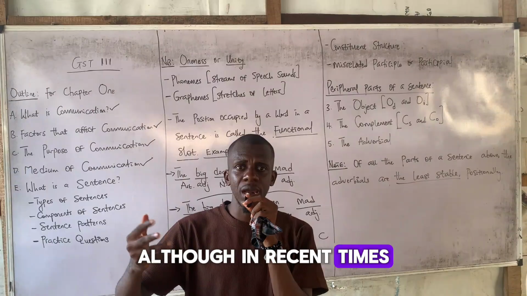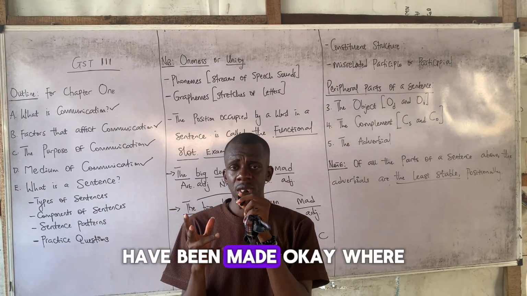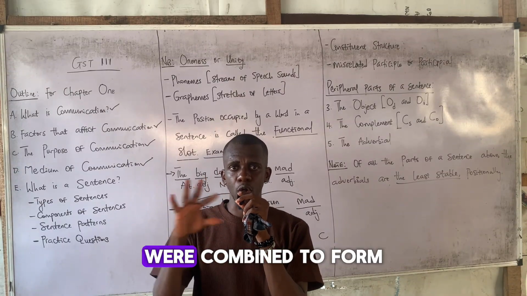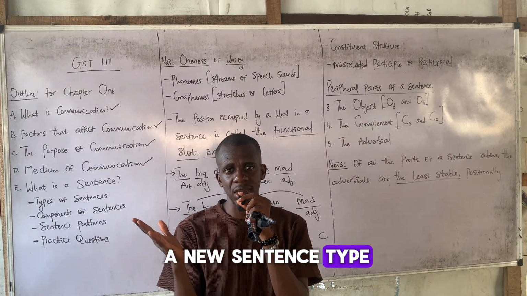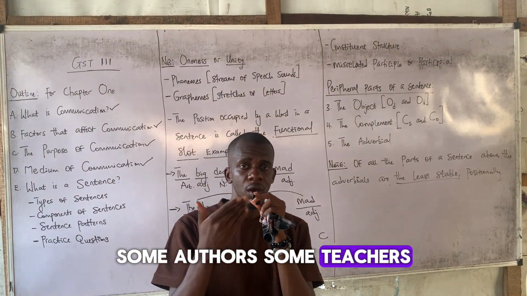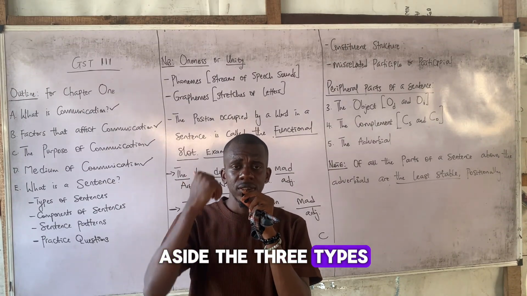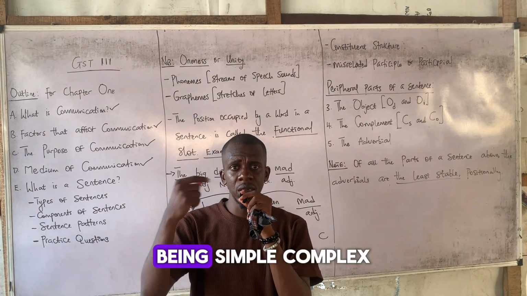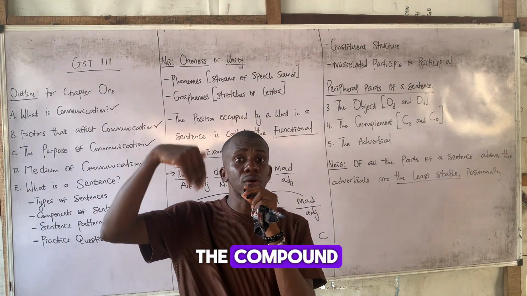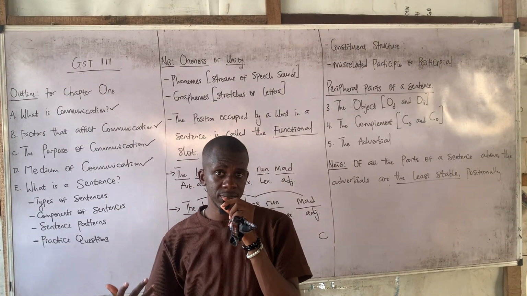Although in recent times, some modifications have been made, where two sentence types were combined to form a new sentence type. For example, some textbooks, some authors, some teachers of the English language will tell you that aside the three types of sentences I mentioned, being simple, complex, compound, we also have the compound complex sentence and the complex compound sentence.